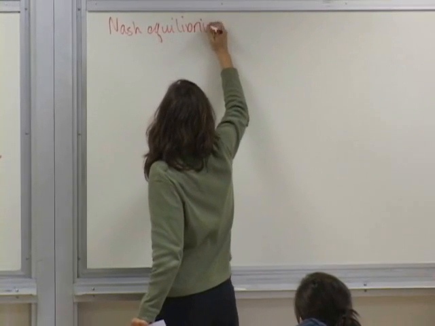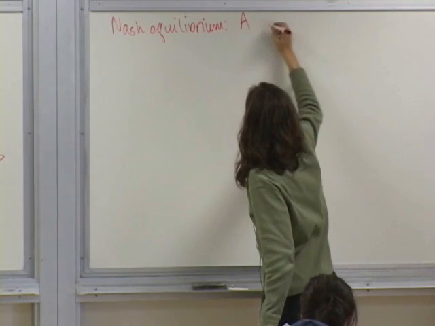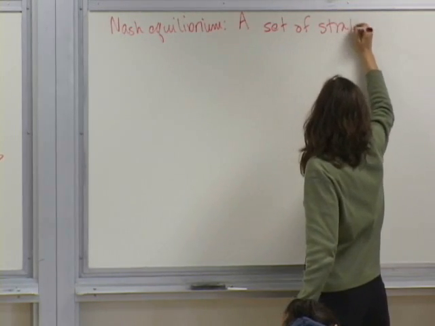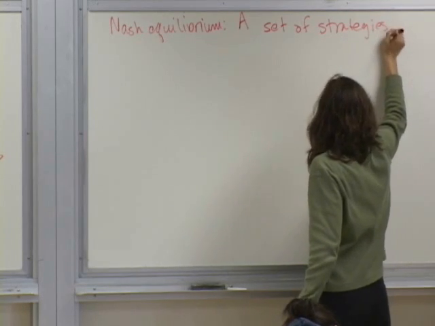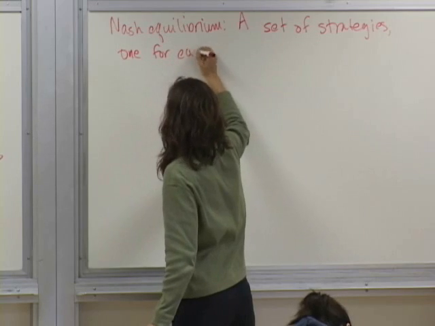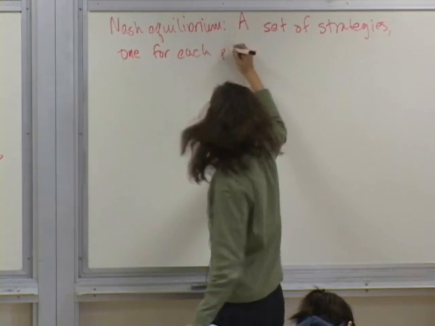Nash equilibrium is a set of strategies, one for each player, sounds like rollback, right?